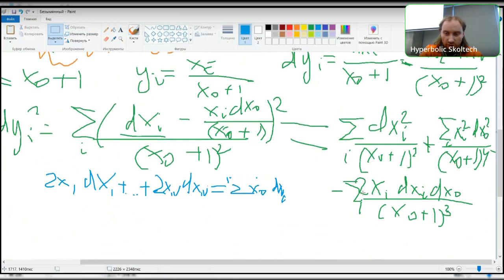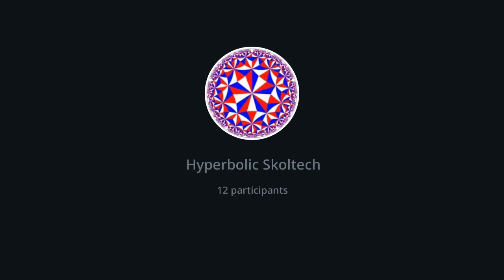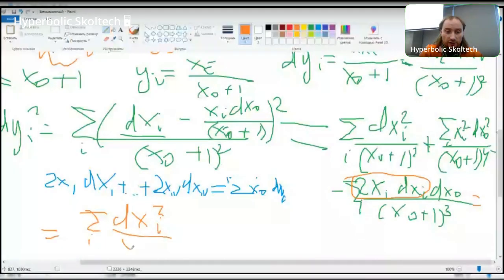So you see probably this expression here, and this all equals to sum of dxi squared over x0 plus 1 squared, plus sum over i, for i not equal to 0.